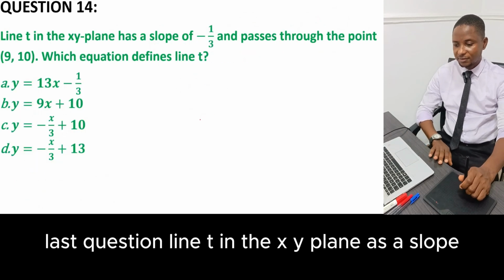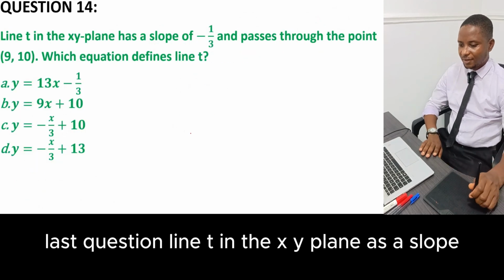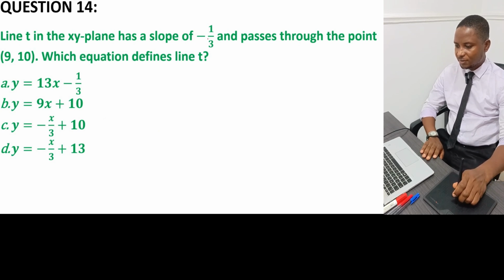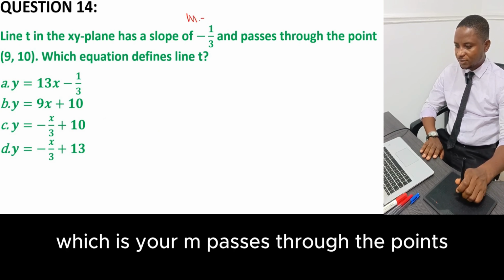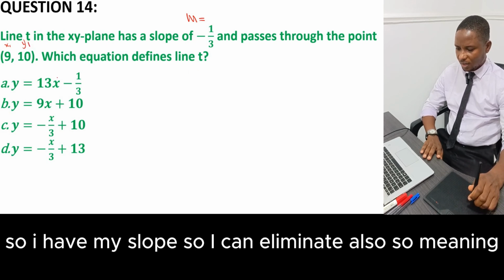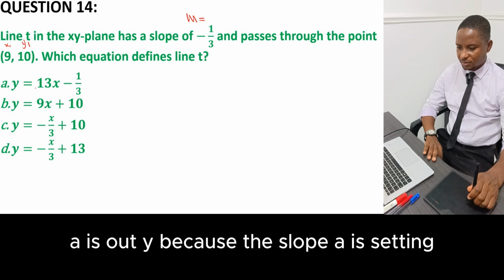Last question. Line t in the xy plane has a slope, so they gave you a slope, which is your m, and passes through the points. So this is like x1, y1. So I have my slope, so I can eliminate also. So meaning A is out. Why?